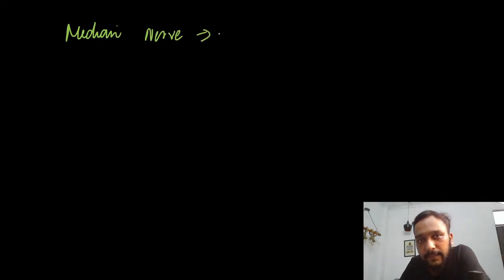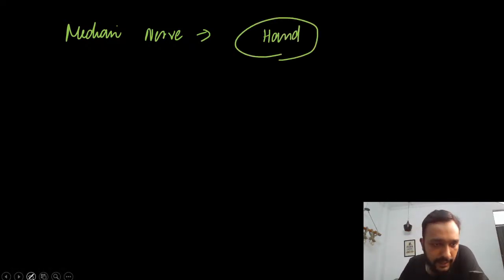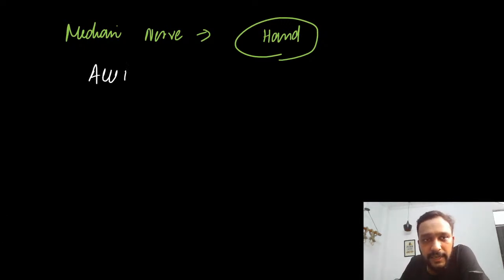Can anyone tell me, the median nerve is going to supply which muscles in the hand? So in the hand, all the muscles of the hand are supplied by which nerve?